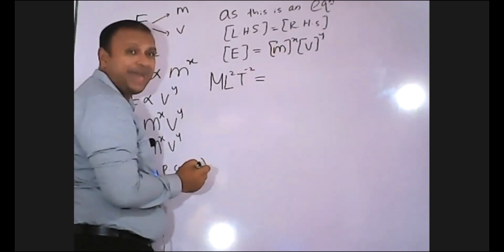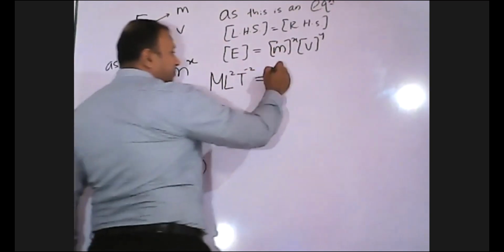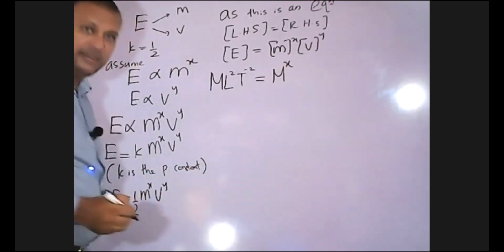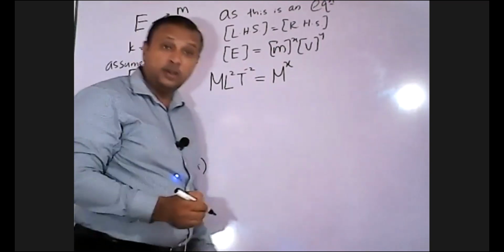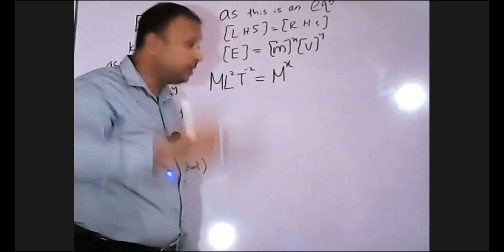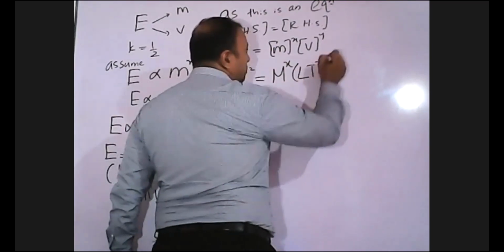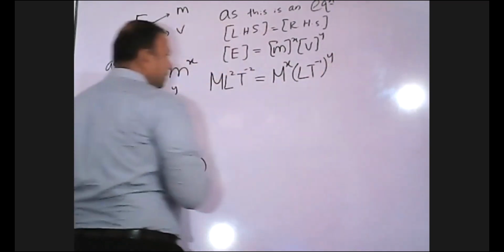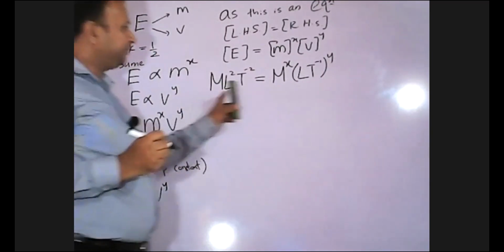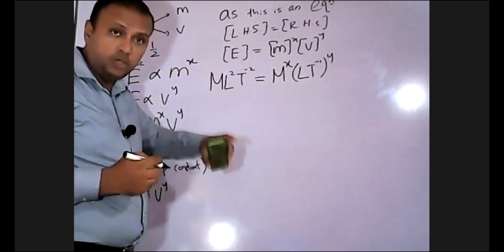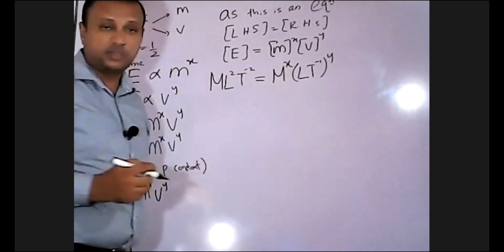M is a mass, so the dimension of mass is M, so M to the power X. V is velocity, so the dimension of velocity is L T minus 1, so this is L T minus 1 to the power Y. Once you apply the dimensions of each physical quantity, after that you have to simplify this expression.